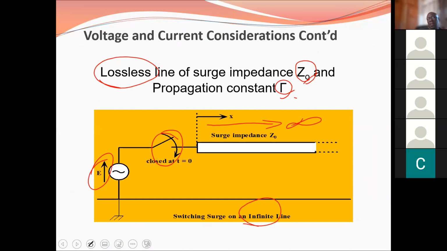So it's lossless, so the magnitude would not fall. If we're dealing with a normal line, which of course would have losses, then we'd expect that the voltage would be reduced. Okay?